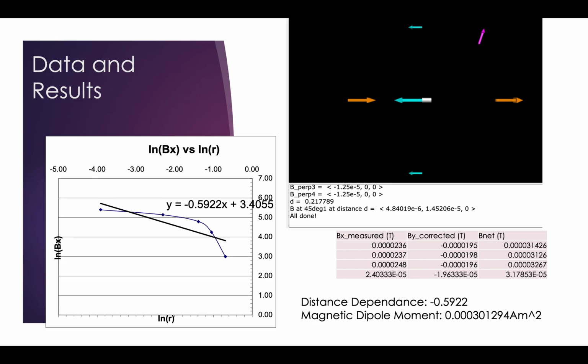These are my results of the experiment. On the top right corner, you can see my GlowScript code, which basically shows what a dipole is and the magnetic field of a dipole, and the pink is the net magnetic field.